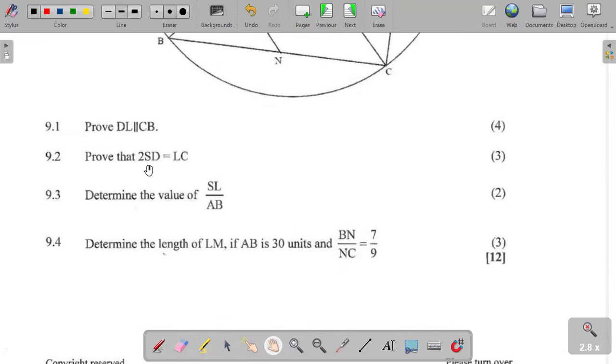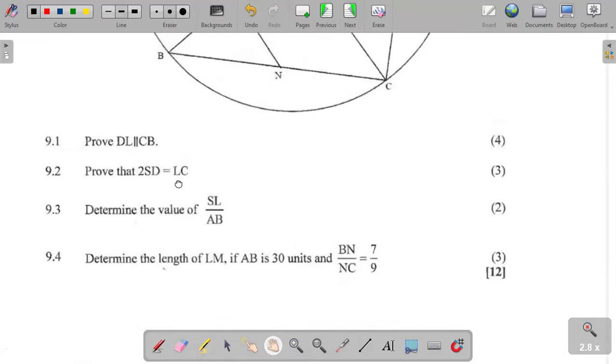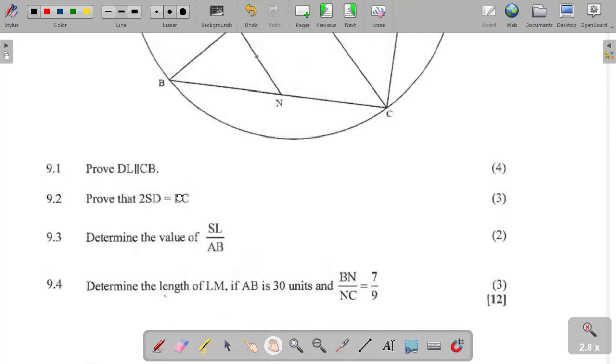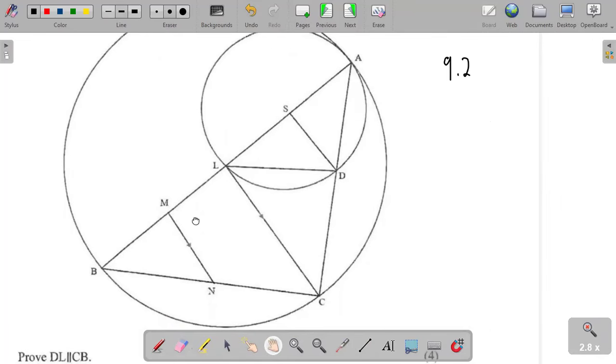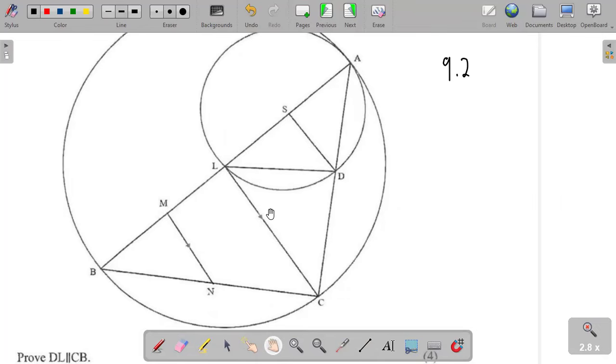Prove that 2SD equals LC. Okay, so LC here will be equal to LA.